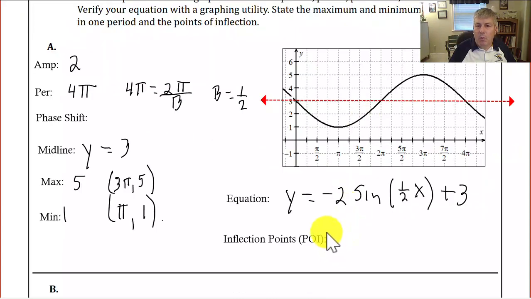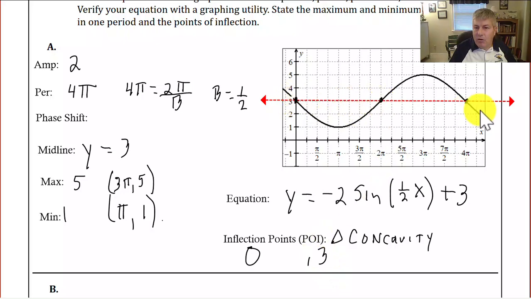Now our inflection points are when we change from concave up to concave down, or vice versa. So we have a change in concavity. And those points are the points on our midline. So our inflection points begin at 0 and a y value of 3.